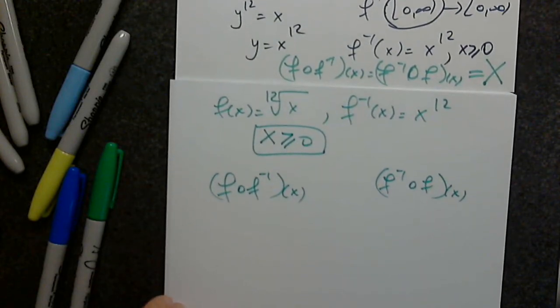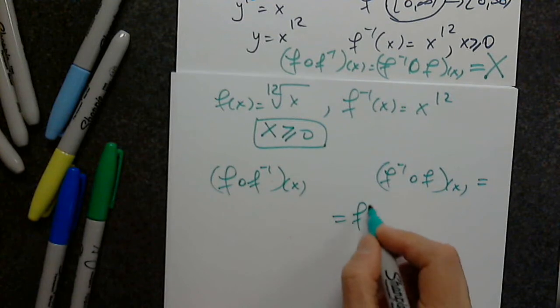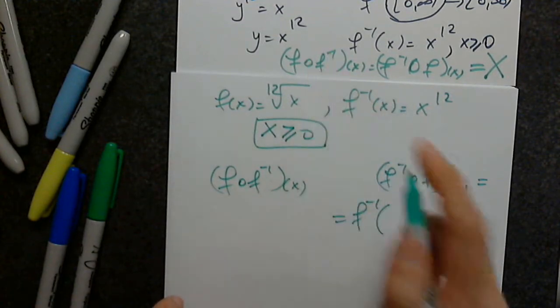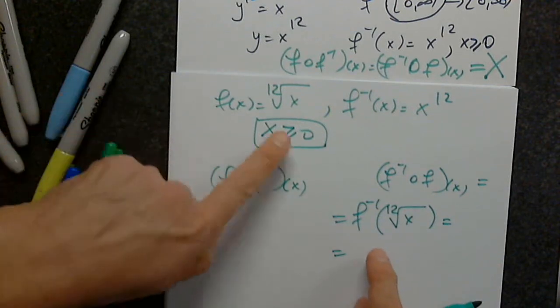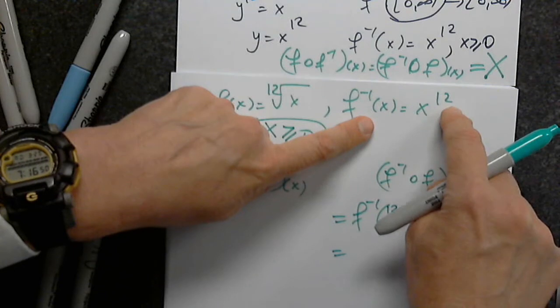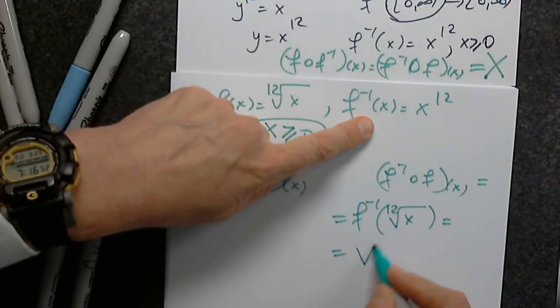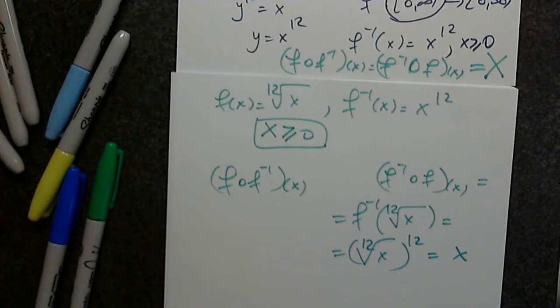We could do f inverse comp f. Very good. So this is f inverse of, I plug in f, which is the 12th root of x. And now I look at this. f inverse is blah to the 12th power. But this is my blah. So it must be x. Otherwise, what I determined makes no sense.